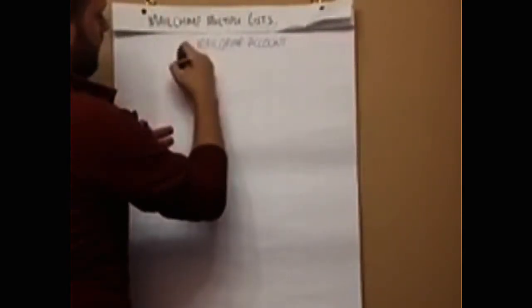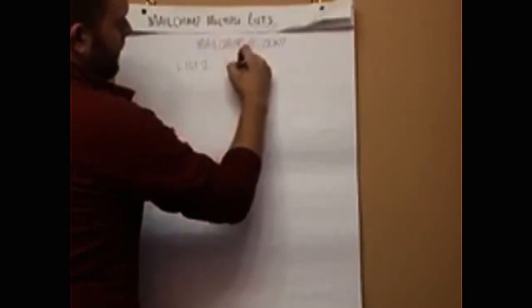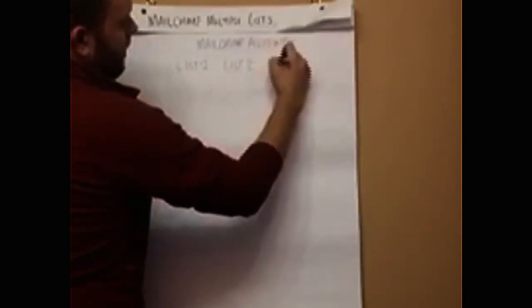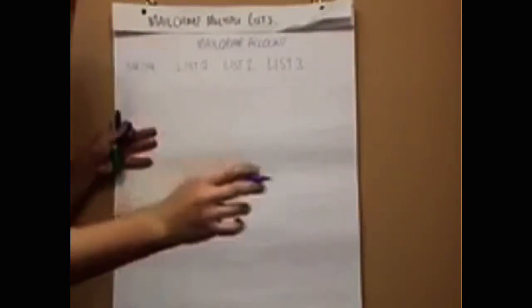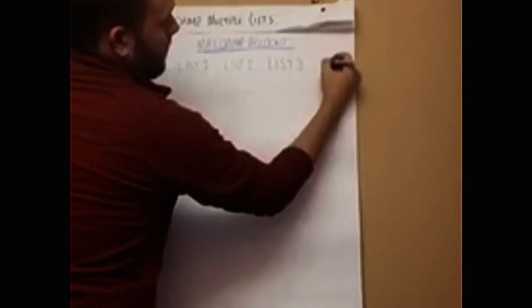And we had list 1, list 2, and list 3. Or maybe, as some people do, they have a master list, so they have 4 lists in total. So what they've done is they've got one account and they've got 4 segments by using lists as a segment.